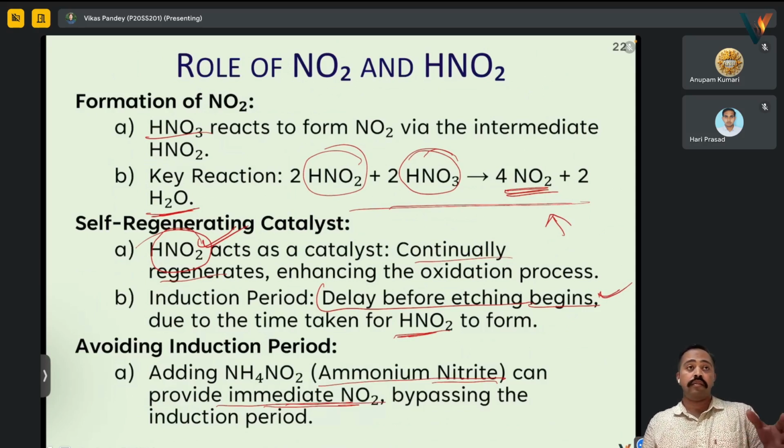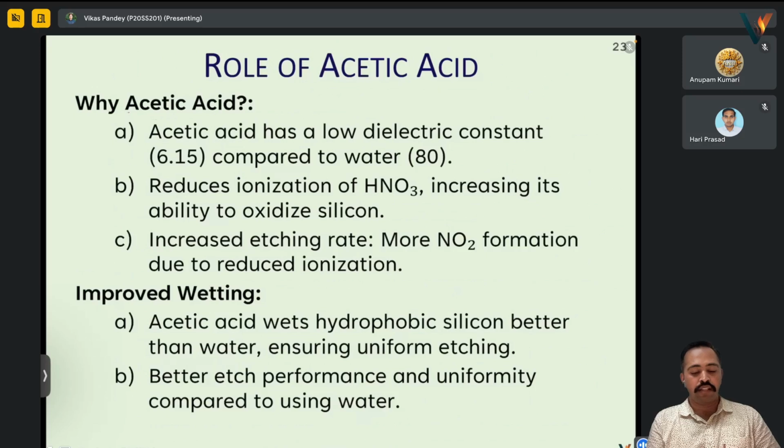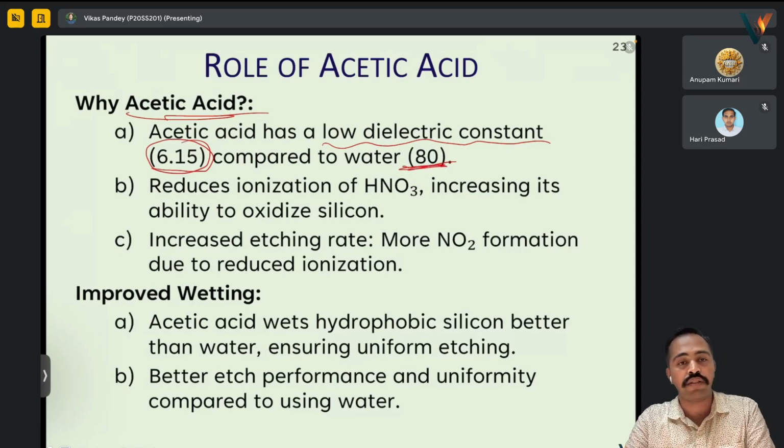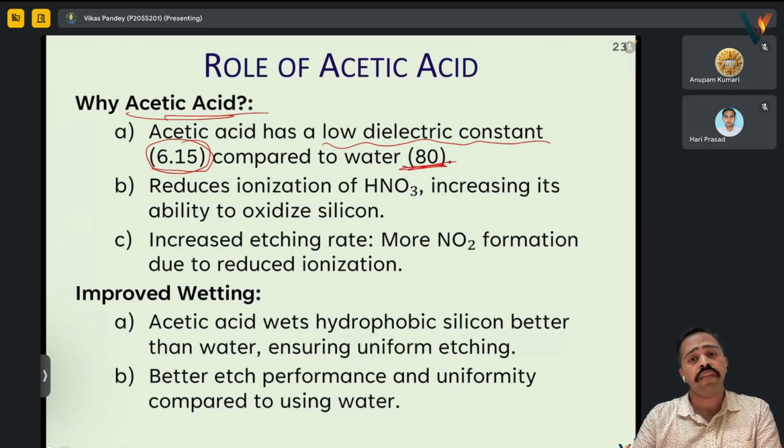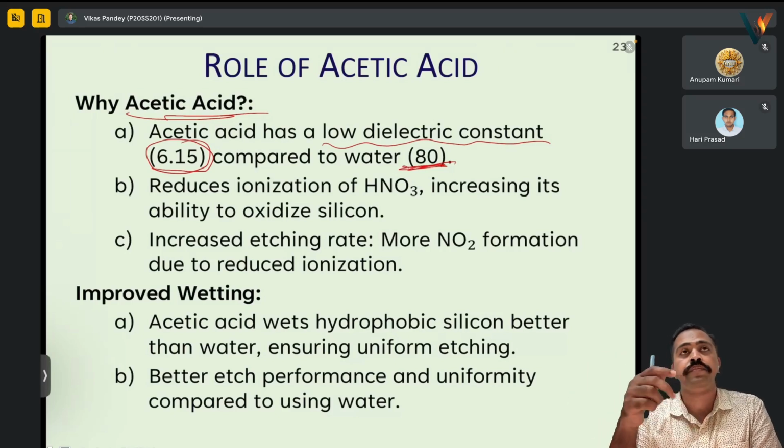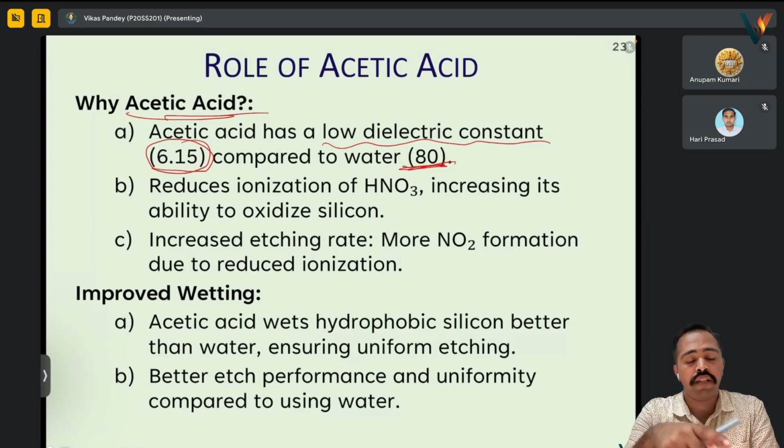Then why is acetic acid used? Because acetic acid has a low dielectric constant, that is 6.15, compared to water, which has a dielectric constant of 80. And as such, if this solution is made in water, it will ionize faster.